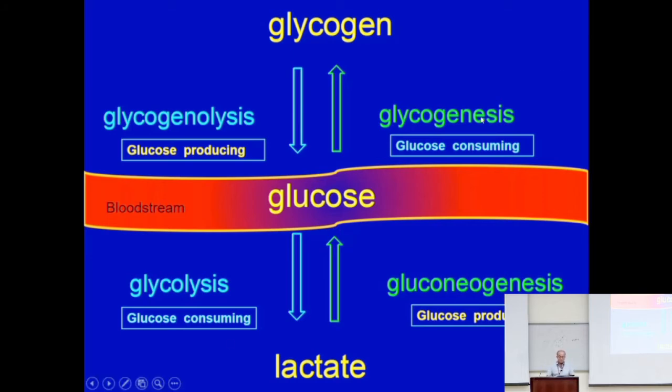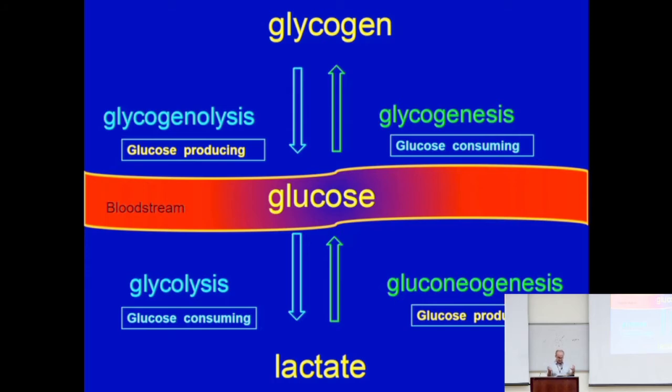So here we have 2 important pathways that both consume glucose. In a way, it should be intuitive to say, when do you think the body will consume glucose? Usually when you have plenty of glucose in the bloodstream. So when does that happen? That happens typically after a meal, within 4 hours after a meal.